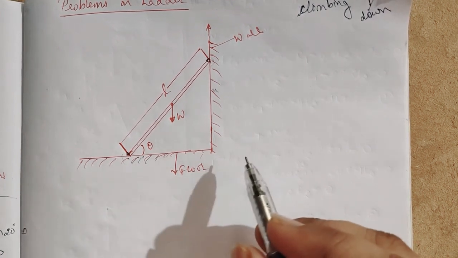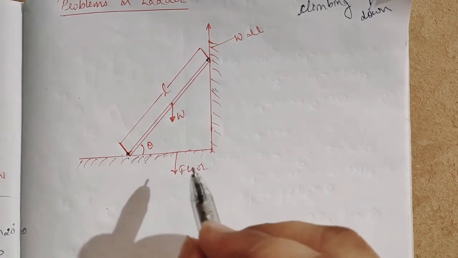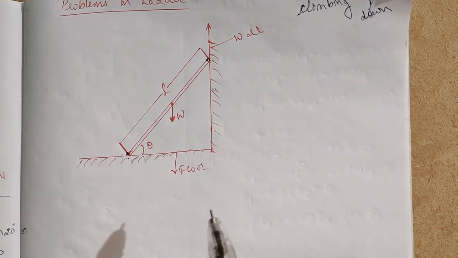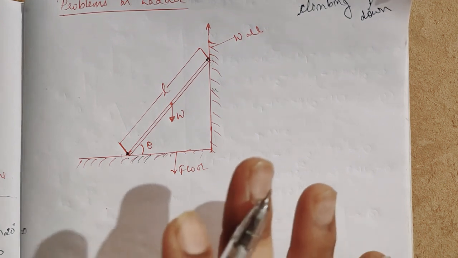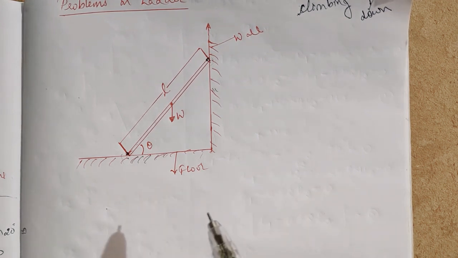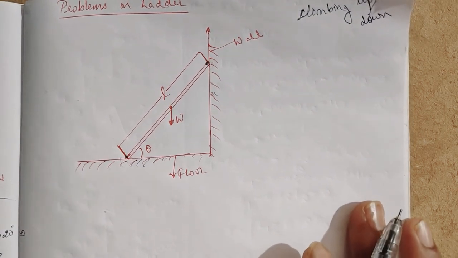So the forces which keep the ladder in equilibrium are shown in figure. I will write the notations and where the friction will act. So this type of figure will be there in your problems on the ladder. So the basic figure you must remember.